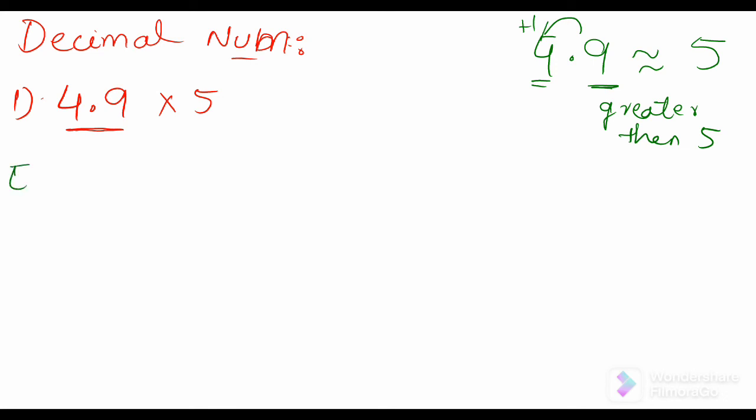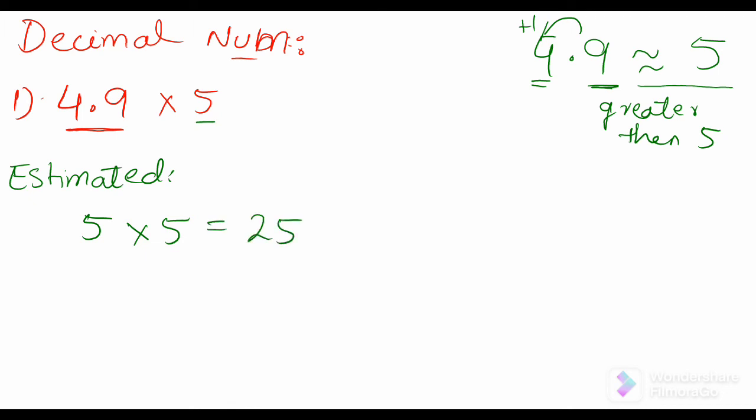Let me write the estimated product first. 5, which is the approximate value of 4.9, I'm going to multiply by this 5. It will give me the value 25.